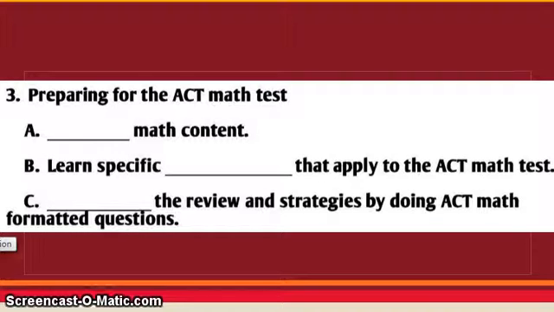All right, to preparing for the ACT. These 3 things are things that you're going to need to prepare for the ACT. Period. End of story. The math portion, that is. First and foremost, you have got to review your math content. Period. End of story.